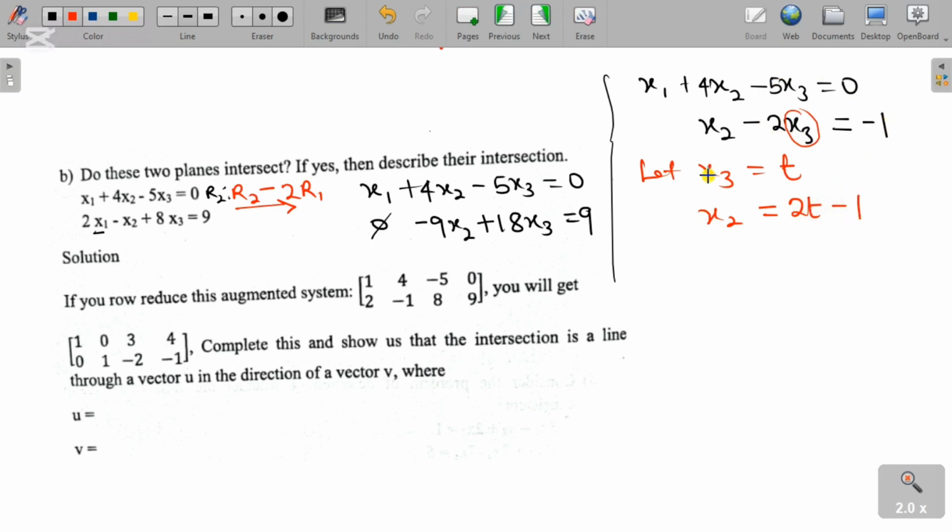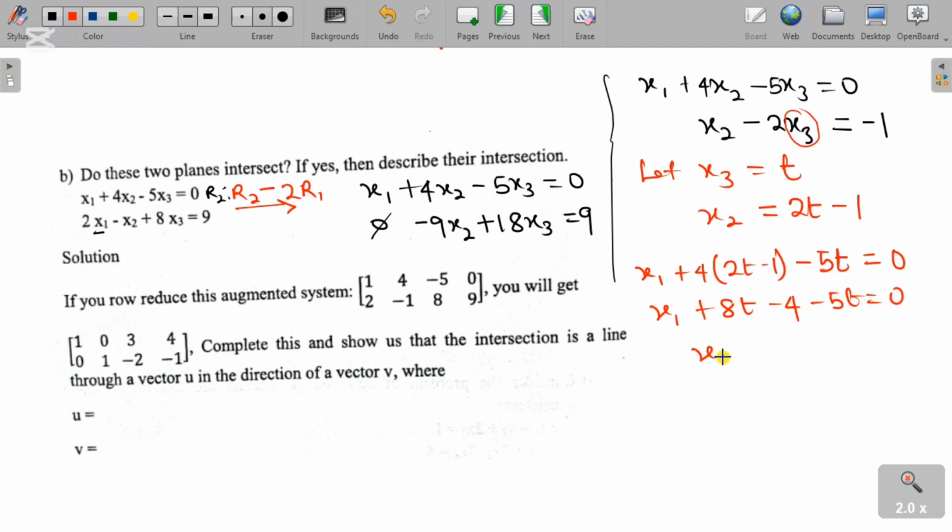All right, and then if you now substitute everything here, your x1 plus 4 times x2 is now 2t minus 1, and then minus 5 times x3, which is t, all equal to 0. So we make x1 the subject, and that's going to give us 8t minus 4 minus 5t equal to 0.